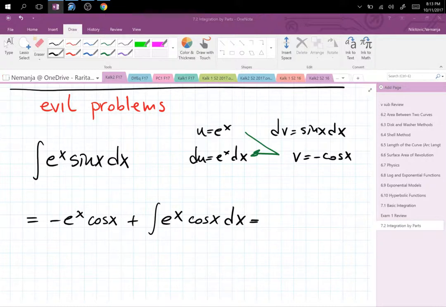You either eliminated one of the two functions completely, or you brought it one step closer to elimination. We technically did not achieve anything here by doing this, right? Now, what's the definition of insanity? Yeah, doing the same thing over and over again, expecting a different outcome. All right, let's certify insane over here. Do it again.